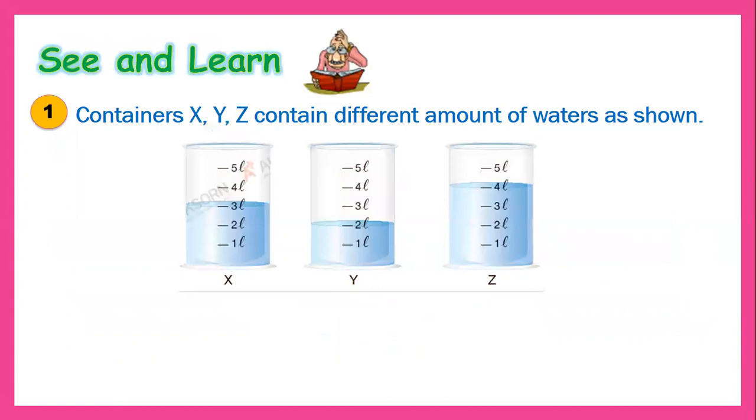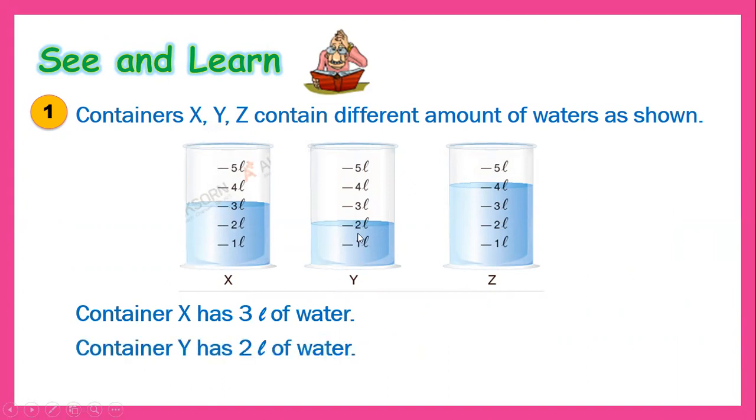Now let's see and learn. Containers X, Y, and Z contain different amounts of water as shown. Container X has 3 liters of water. Container Y has 2 liters of water, and container Z has 4 liters of water.